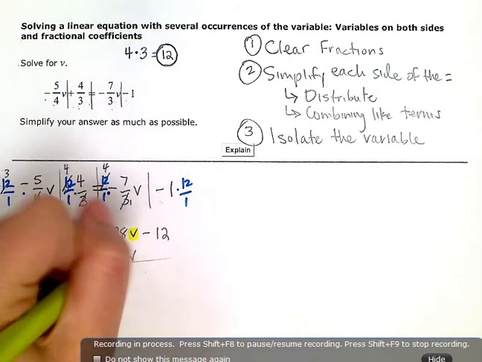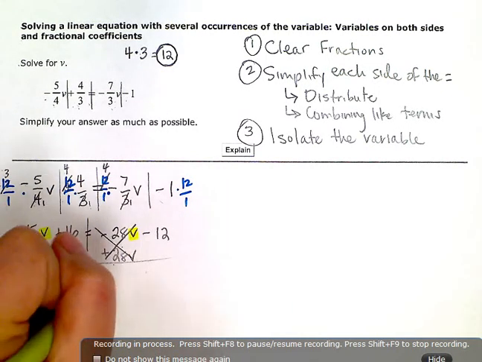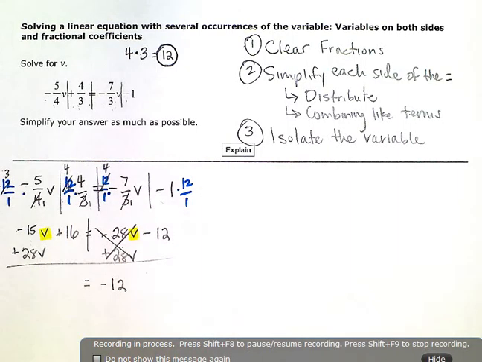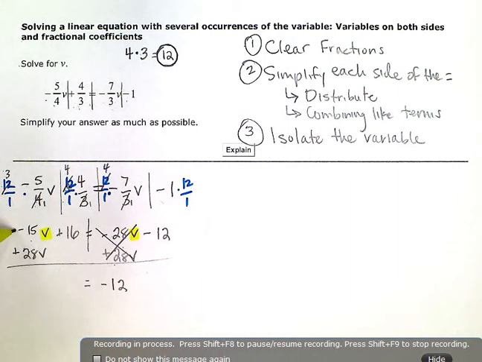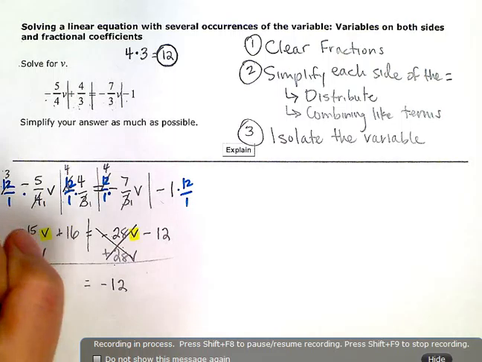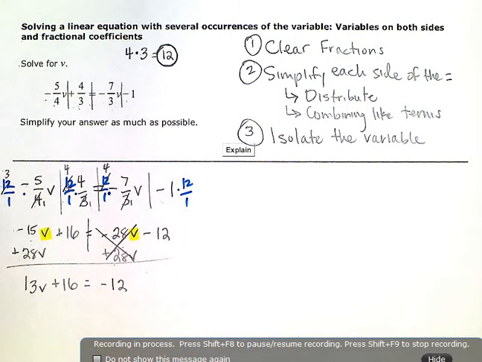Those will zero out, leaving me with just negative 12 on the right side. And over here, I have 28v minus 15v, which is 13v plus 16. Now, I only have variables on one side of my equation, so I'm doing good. But now I need to isolate it, or get it by itself. So I'm going to get rid of this constant term first.